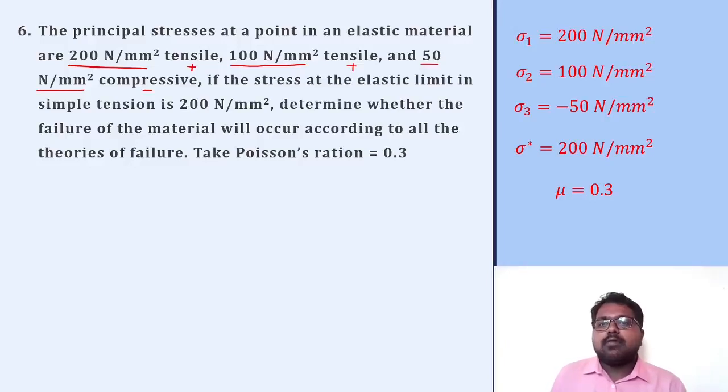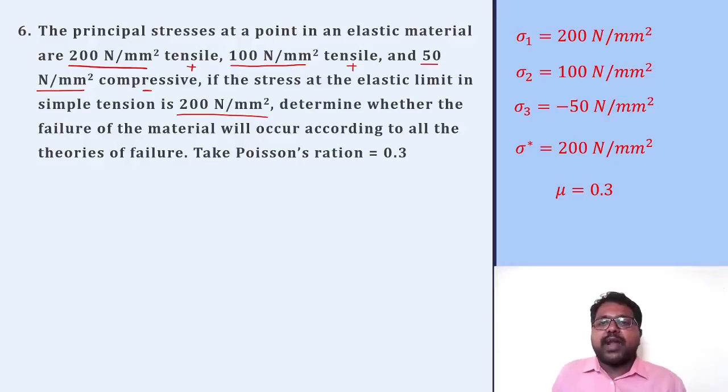Now, if the stress at elastic limit in simple tension is 200 Newton per mm square, means sigma star is 200 Newton per mm square. Determine whether the failure of the material will occur according to all theories of failure. Additionally, it is given Poisson's ratio equal to 0.3.